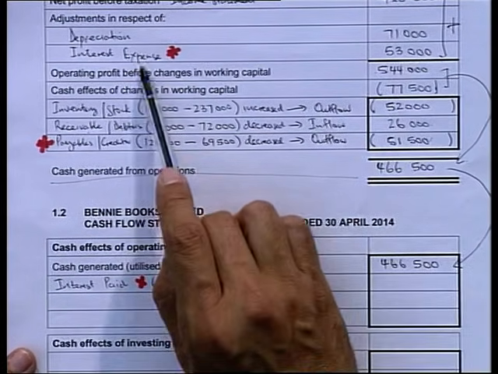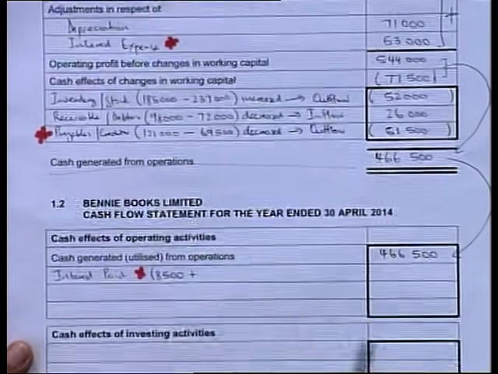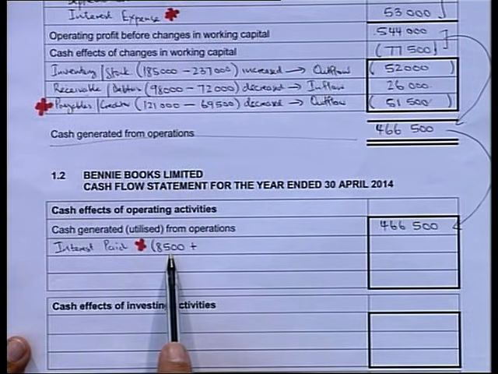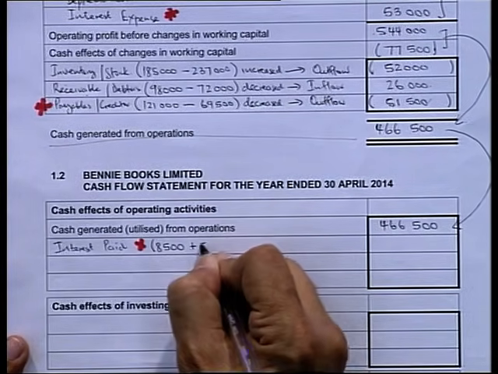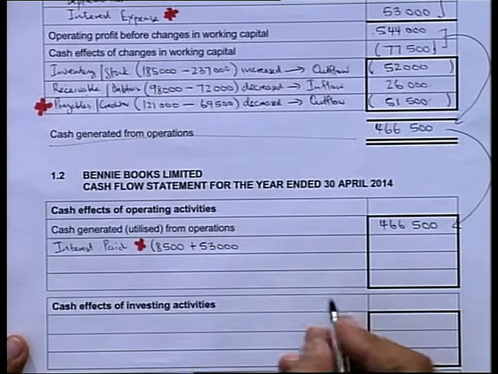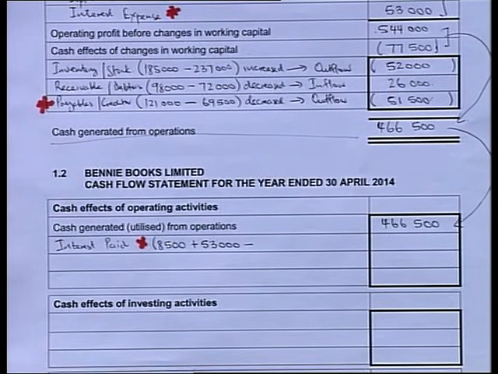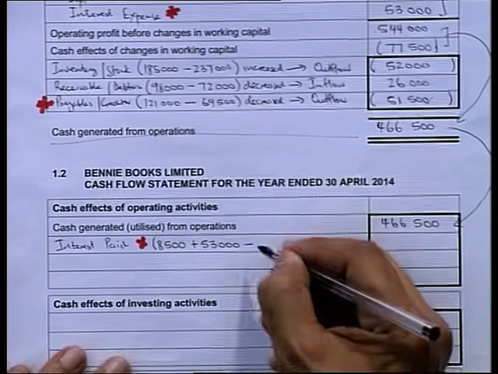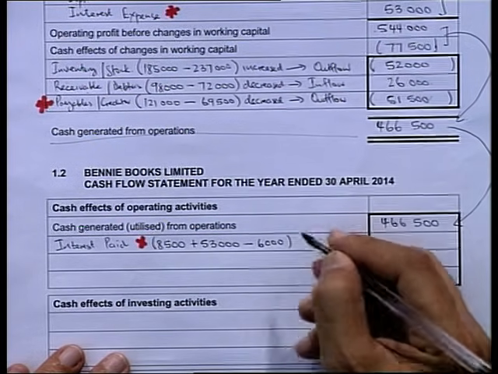The interest expense amount is 53,000. So I'm taking my 8,500, the balance of last year, plus the 53,000, minus the amount that I haven't paid for this year, which is 6,000. And then we close the bracket.